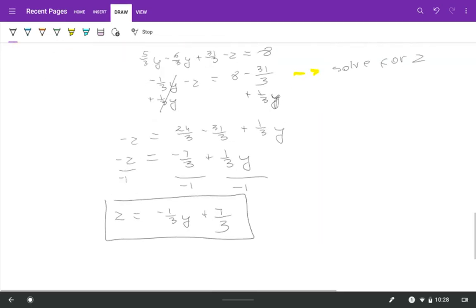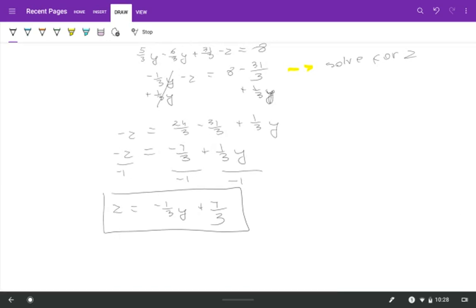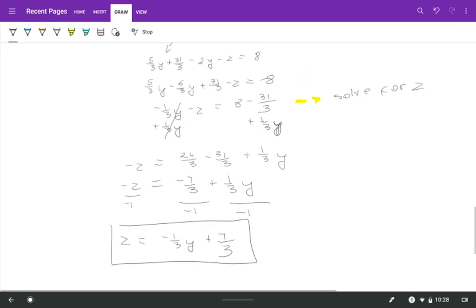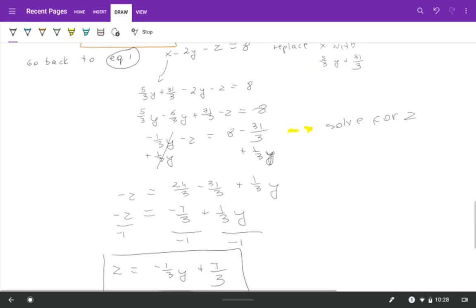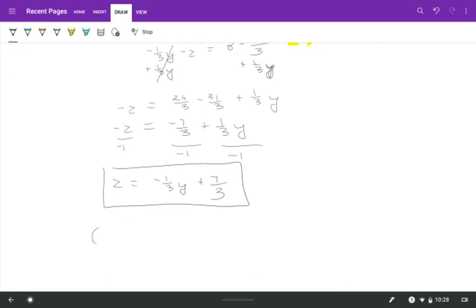This system still has infinitely many solutions, but you want to express the remaining two variables using one of the variables. In my case, it ended up being y. So the solution is, I can just write it down that way.